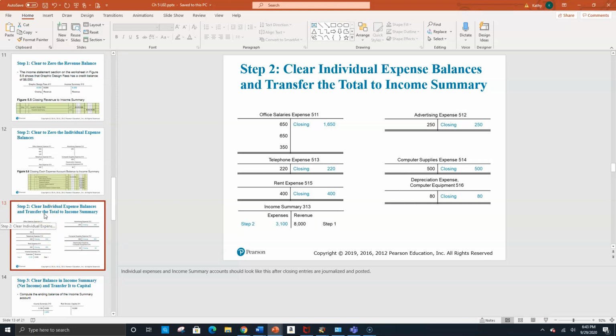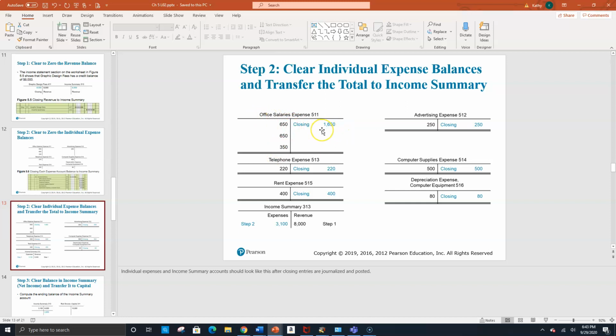Okay, so in your income summary account, you're left with revenue of $8,000 and expenses of $3,100. So the next thing is to look at the difference of these accounts and transfer that to capital. So, just to recap your expenses, you do a closing entry.